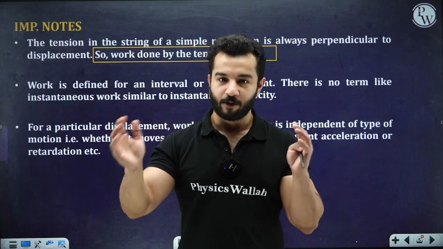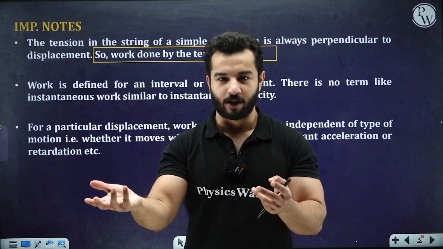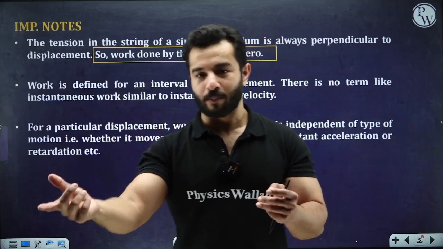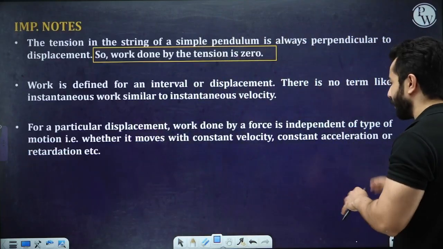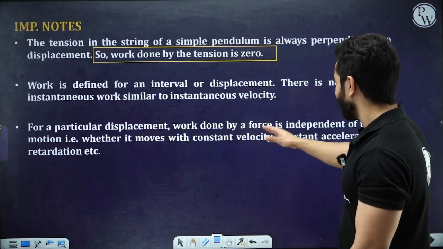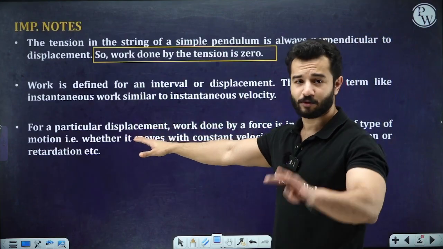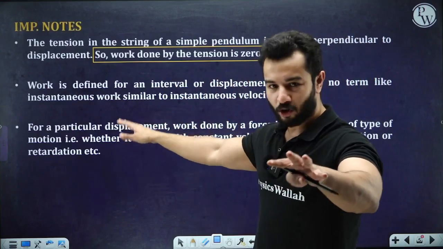For different frames of reference, displacement can be different for a particular body. So if displacement is different, then we can say that work done also depends on the frame of reference, and work done can also be different, right? So that's what we have written over here. For a particular displacement, work done by a force is independent of the type of motion. Sorry, this is about the type of motion. No worries. So right now we are talking about the type of motion.